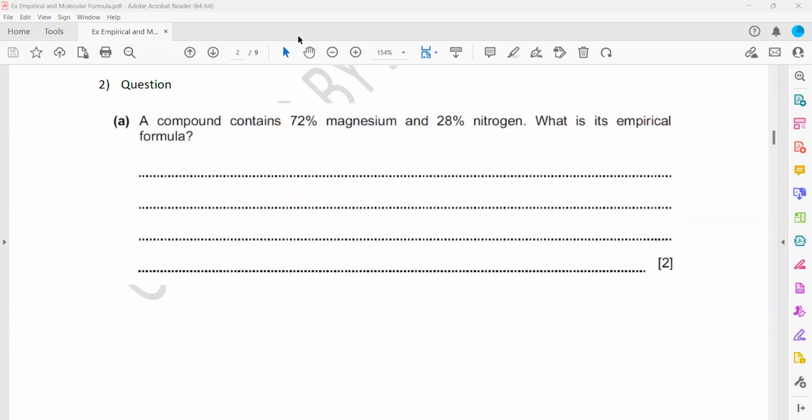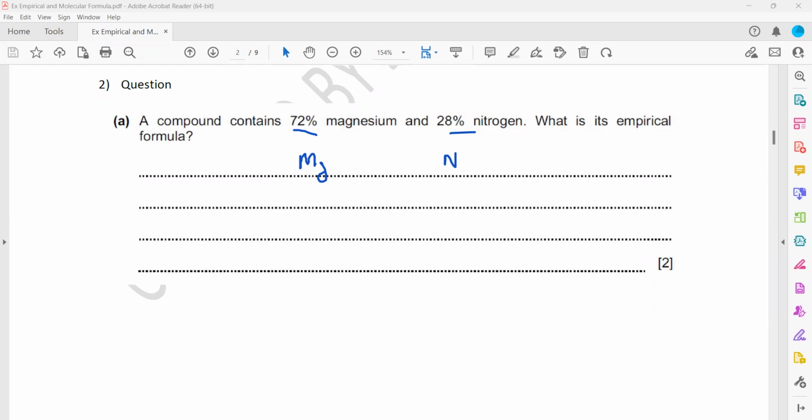Next is a compound containing magnesium 72% and nitrogen 28%. So we have a compound with magnesium and nitrogen. First, what is the step? The step is divide the percentage or the mass, whatever is given in the question, by atomic mass.